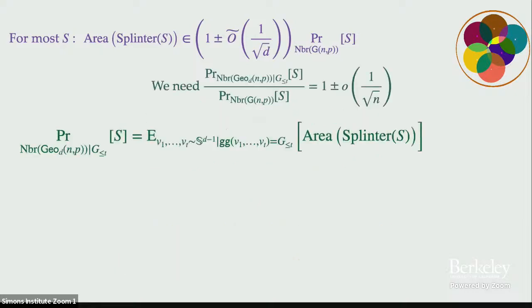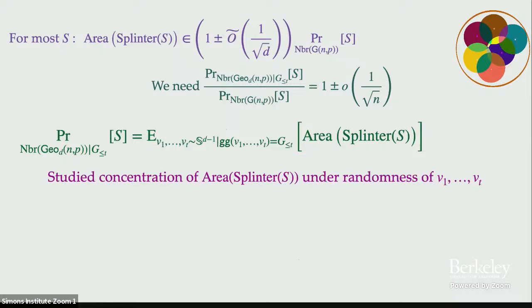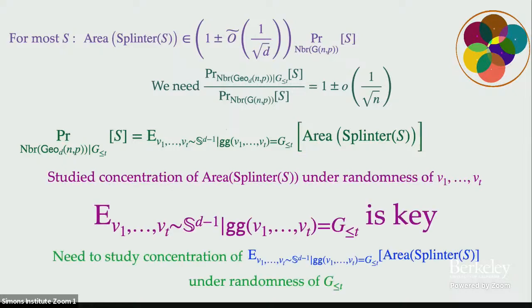Where did the slack come from? The slack really comes from the fact that we didn't think about this part. We didn't think about having to make sure that V1 through VT actually have to generate a specific G. We can imagine that once they have to generate a specific G, maybe the graph structure is more rigid.